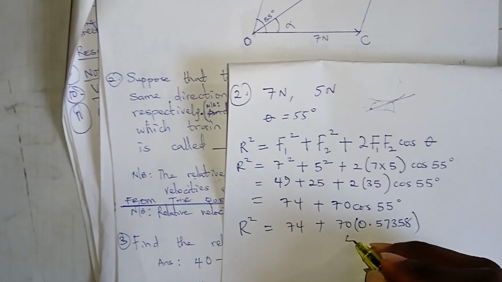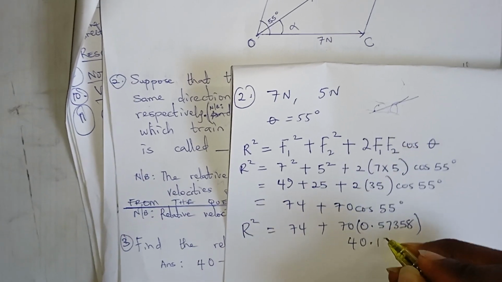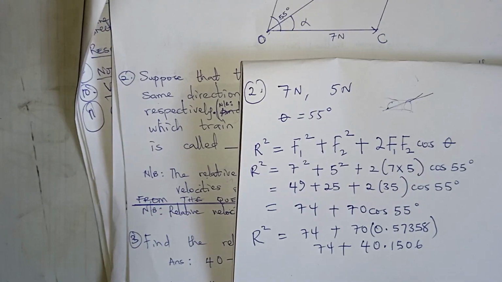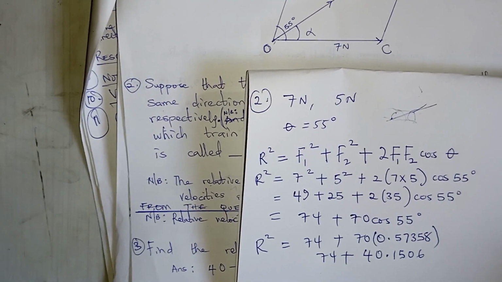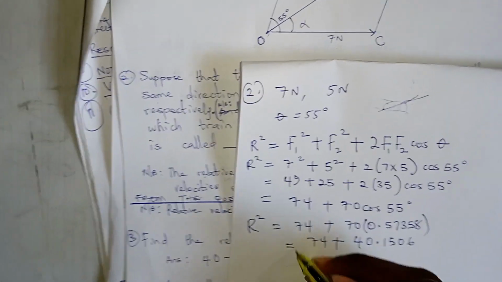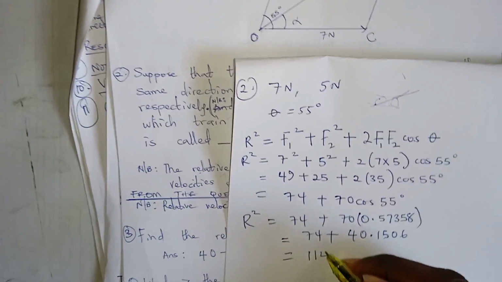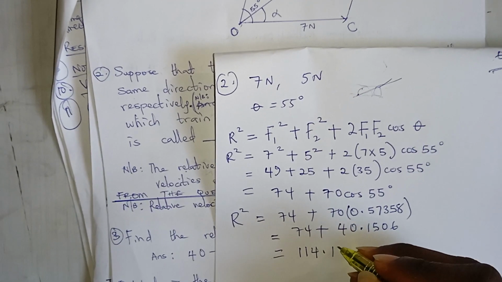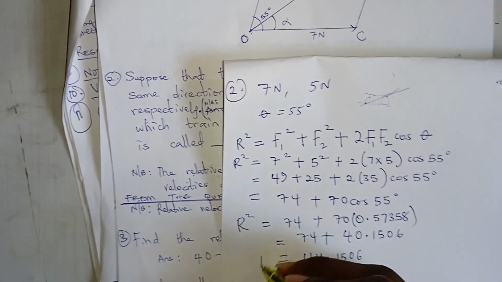So this is the same thing as 40.1506 plus 74, which equals 114.1506 r squared.